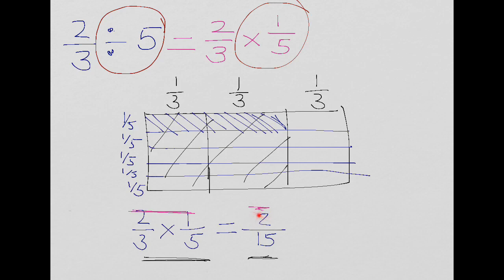So if you've totally forgotten the method, you draw the diagram and there's your answer. But the reason it's 2 is because it's 2 along there multiplied by 1 down there, so 1 times 2. And that's where it comes from. So that's the why of multiplying fractions, which we've done before, but it's always good to review these things. And the other thing we need to remember is dividing by 5 is the same as multiplying by 1/5. And 5 and 1/5 are reciprocals.